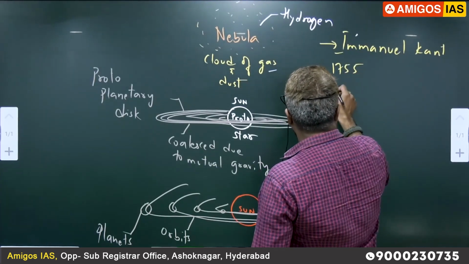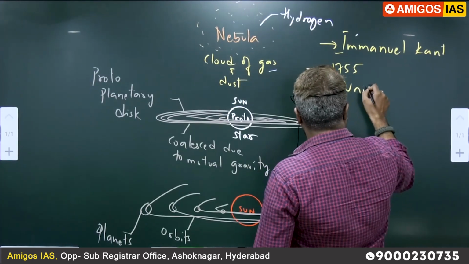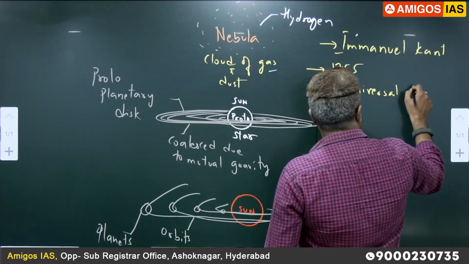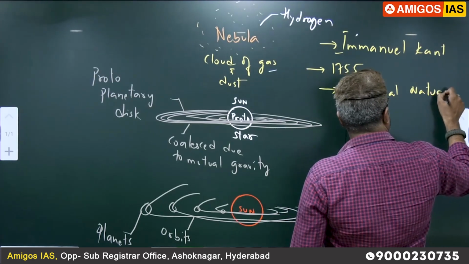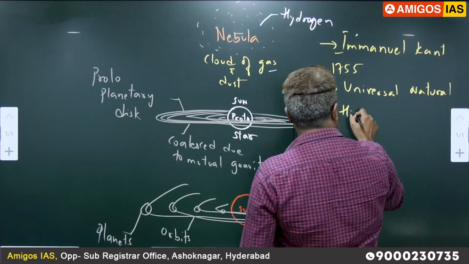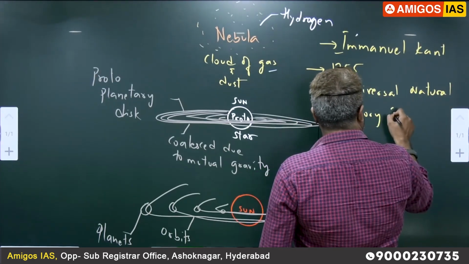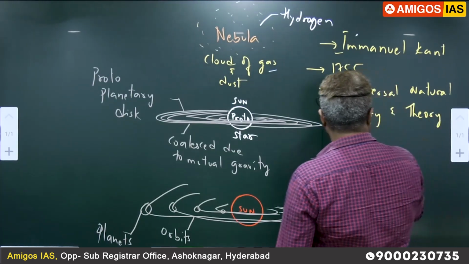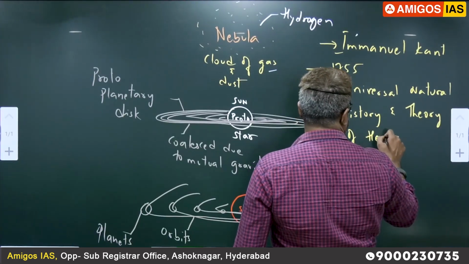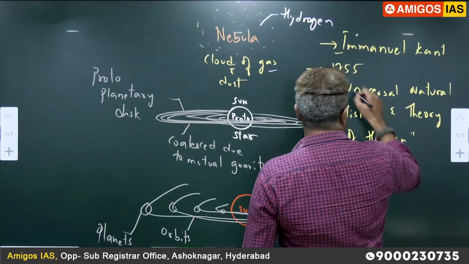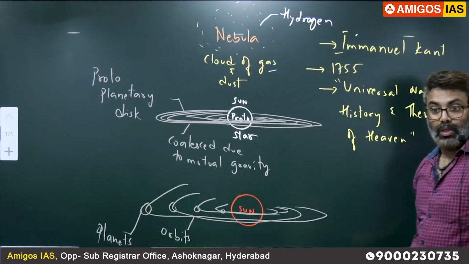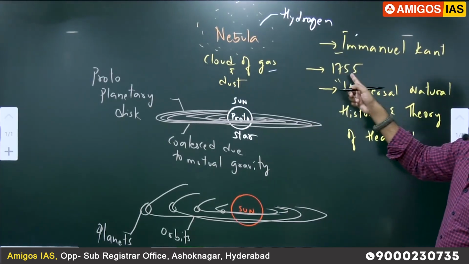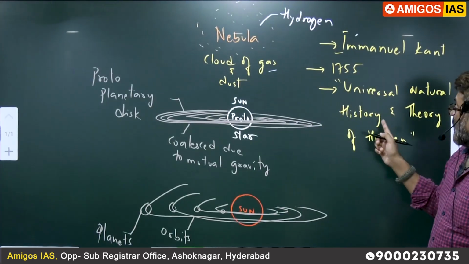He wrote a book called Universal Natural History and Theory of Heaven. This is the book he authored. Who? Immanuel Kant. Where? When? 1755. This is a book.